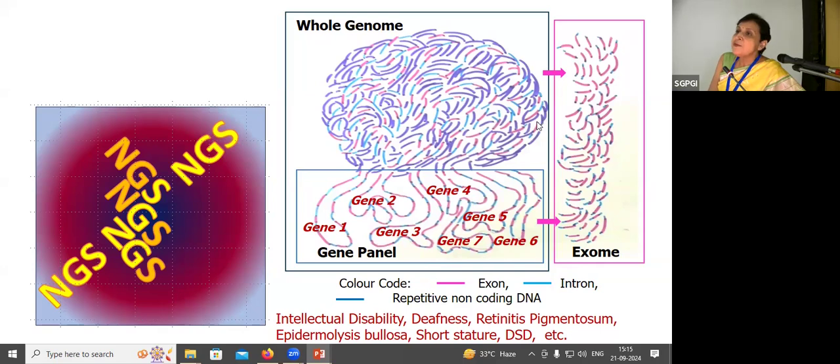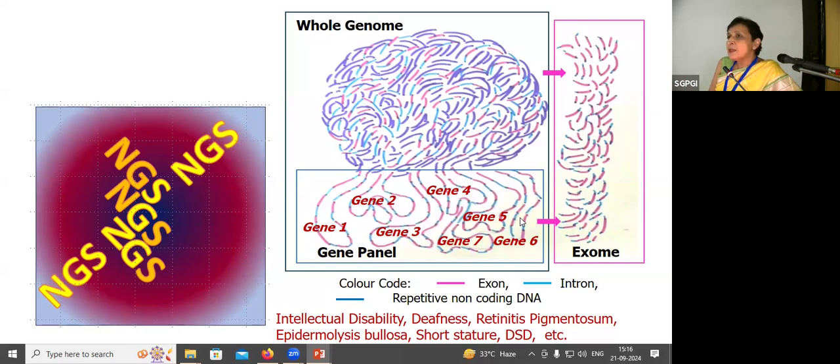If you sequence all those exons, that means the coding regions with their neighboring intronic boundaries, then it becomes the exome. And if you sequence the whole genome, it is whole genome sequencing. But if you sequence only the genes for osteogenesis imperfecta and maybe some other disorders which have similar presentation because of decreased bone density, then you can order the panel.